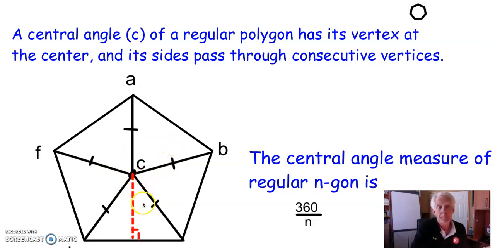You need to know that. When we get to this angle here, if the whole angle is 72, since this is perpendicular, it bisects an isosceles triangle, so that's going to be 36. If this is a right angle and that angle is 36 degrees, we know what that one is. So we can figure out for any regular polygon what all the angles of these triangles are.